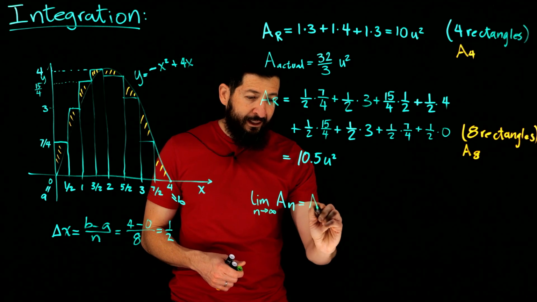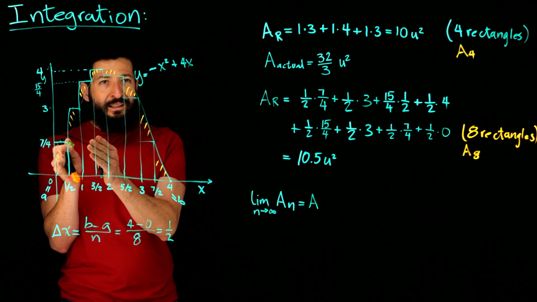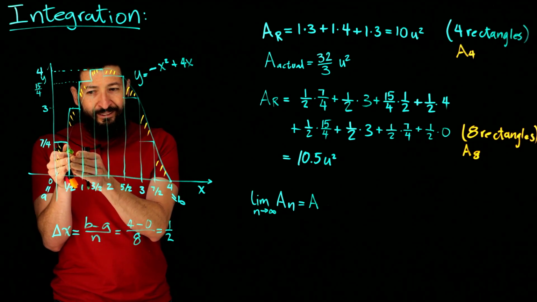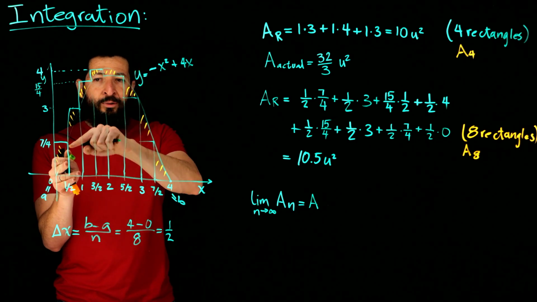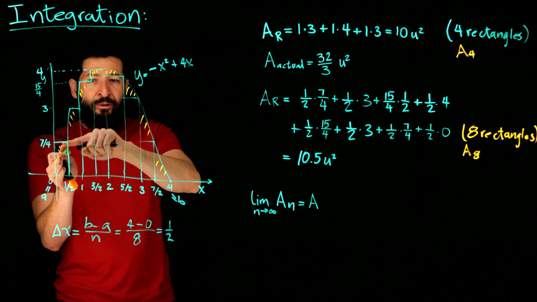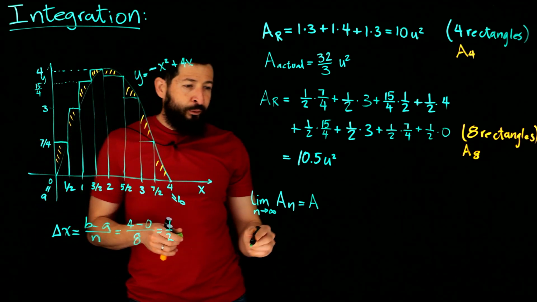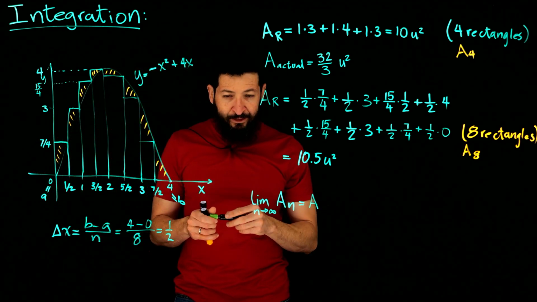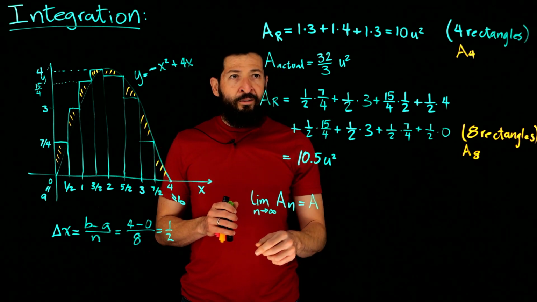And that would give us the area under the curve. If we can put infinitesimally thick rectangles under the curve, we eventually would eliminate all this extra and would get closer and closer, and we would actually get the area under the curve. So we will say that the area under the curve is going to be given by the limit as n goes to infinity of A n.